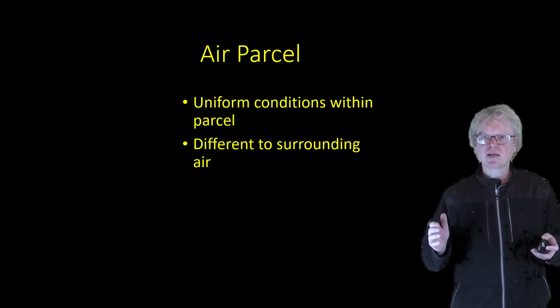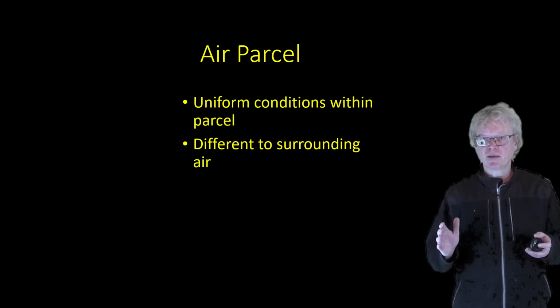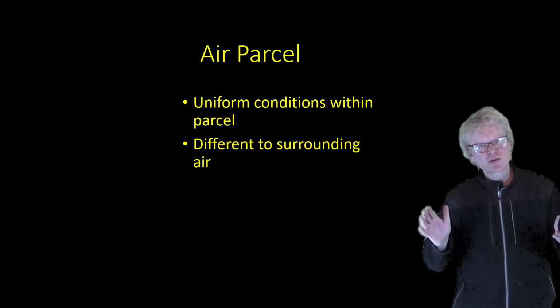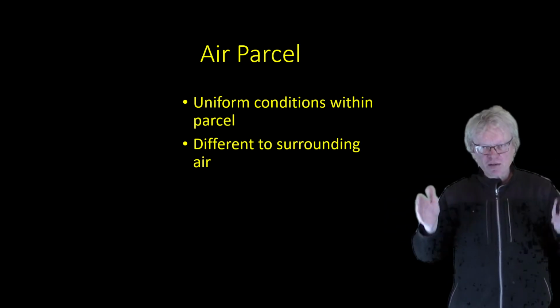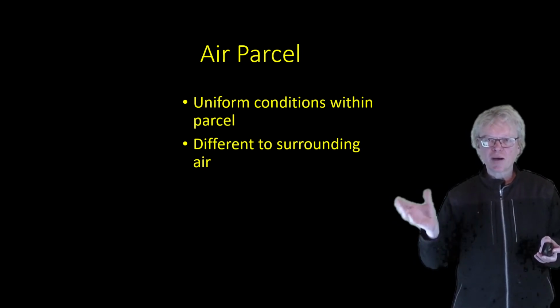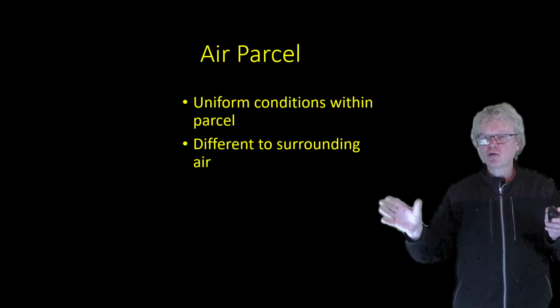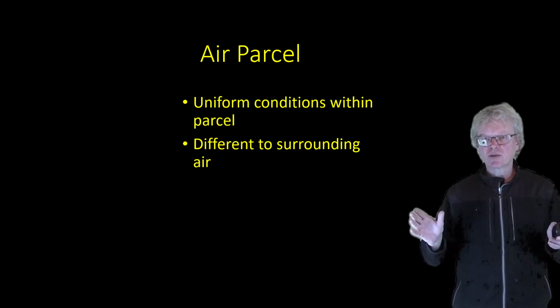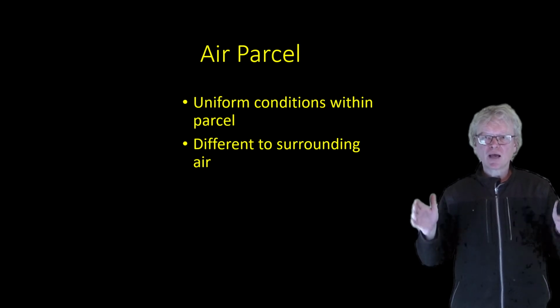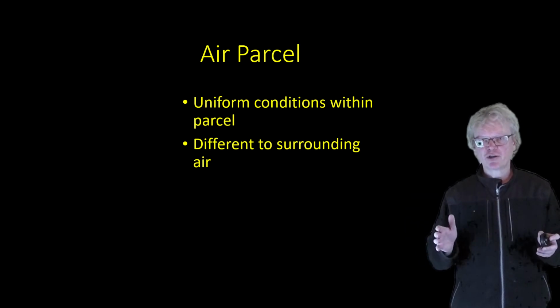A parcel of air is just an amount of air that has similar features, in particular similar temperature and humidity, to the air that is surrounding it. Of course, it's not like a balloon where you've got a solid boundary between parts of the atmosphere. It will grade into what is next to it. Generally speaking, you can often identify amounts of air that have similar characteristics.